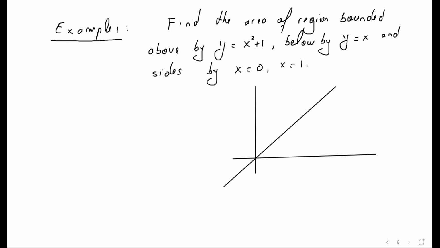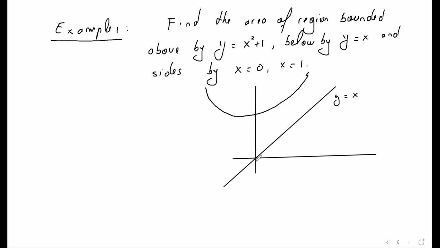All right, so now I'm in business. That's y equals x, and this is the bottom of my picture. y equals x squared plus 1 is going to be the top of my picture, a parabola that looks something like this.